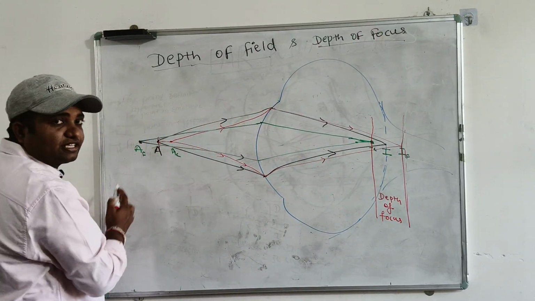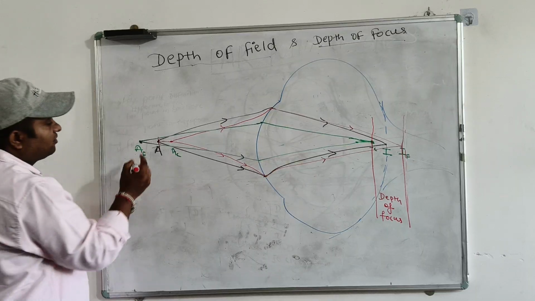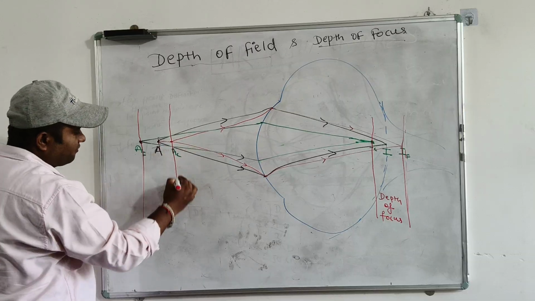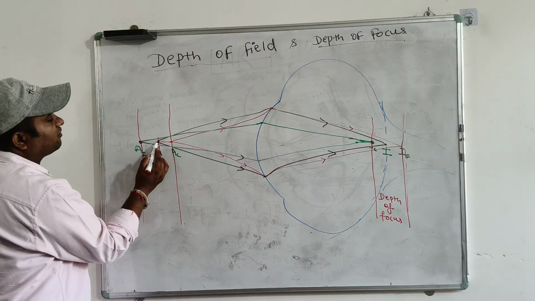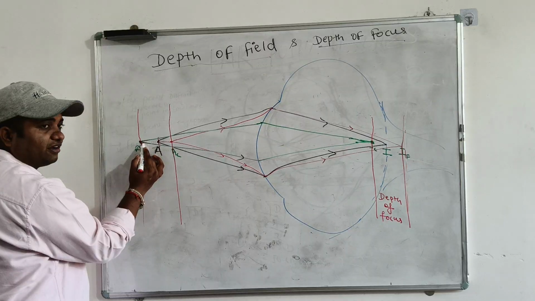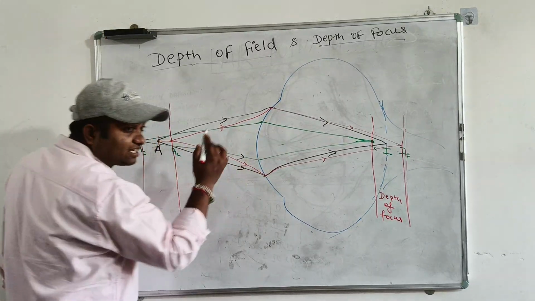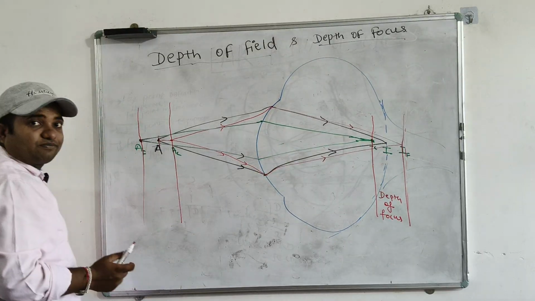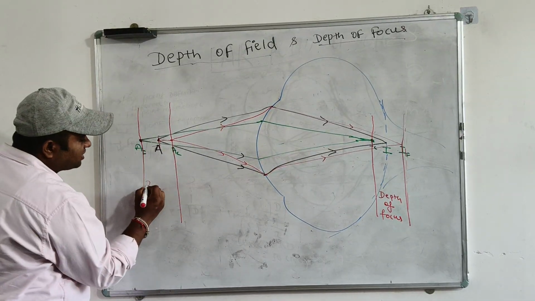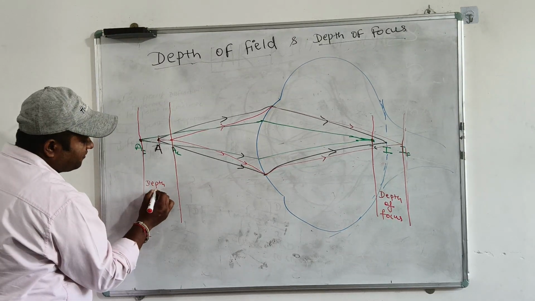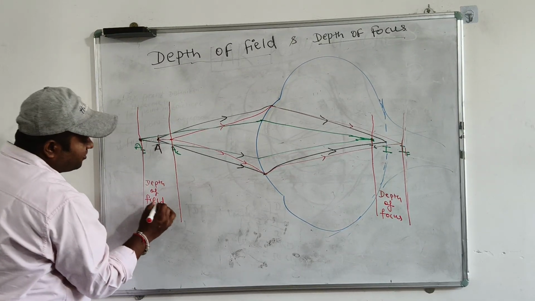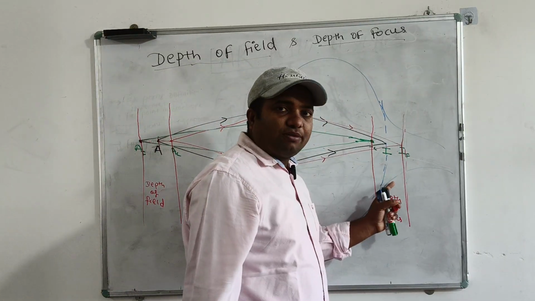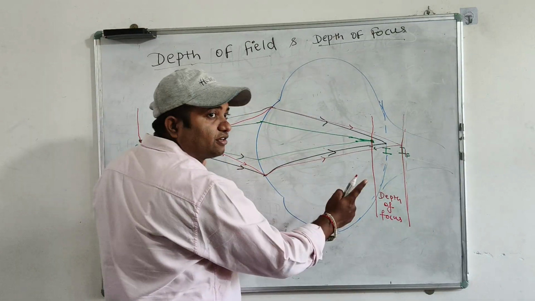And here the range of distance in object space where the object is seen clearly with a slight change in distance, slightly in front and slightly behind, without change in accommodation, is known as depth of field. So depth of field is in object space, depth of focus is in image space, but both are conjugate with each other.